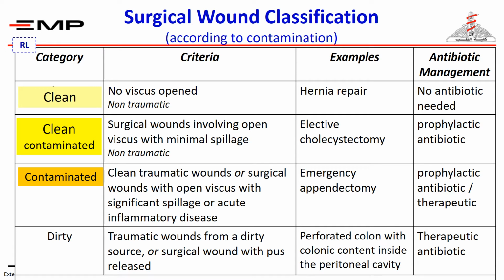Clean traumatic wounds infected in a contaminated field, the street for example, are considered contaminated. Prophylactic antibiotic is strongly indicated. Sometimes consider therapeutic antibiotics, which includes prolongation of the antibiotic course.